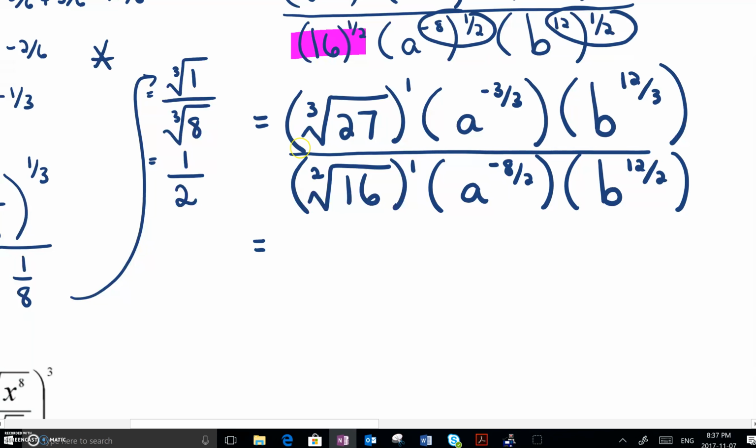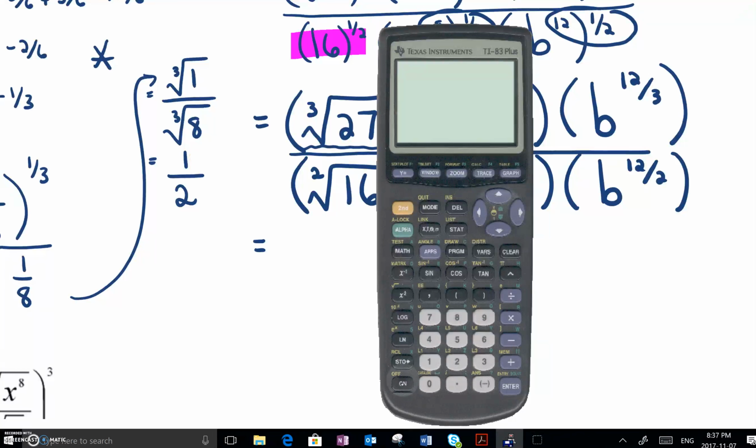Anything to the power of 1 is just the anything. So I can go ahead, use my calculator, and figure out what the third root of 27 is. And hopefully you're getting more comfortable with these third roots. I know that the third root of 27 should be equal to 3. Third root of 27 is definitely equal to 3.